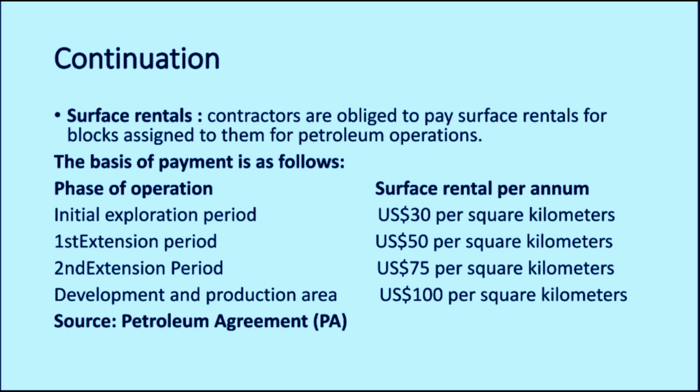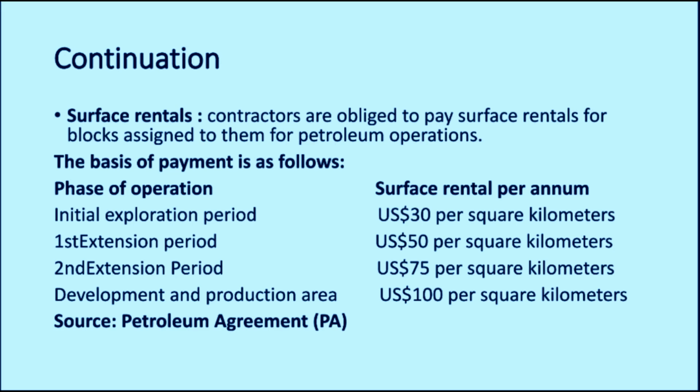For the initial exploration period, you pay $30 per square kilometer. After that period, we give you an additional extension, which is the first extension period, where you pay $50 per square kilometer. Then from there, we give you a second extension period, where you pay $75 per square kilometer.